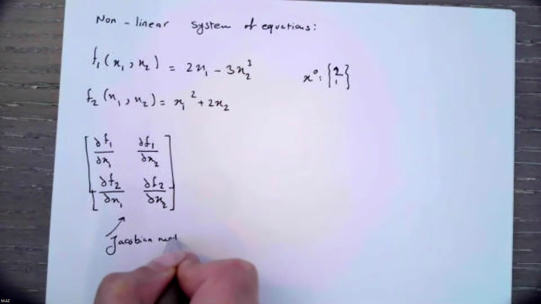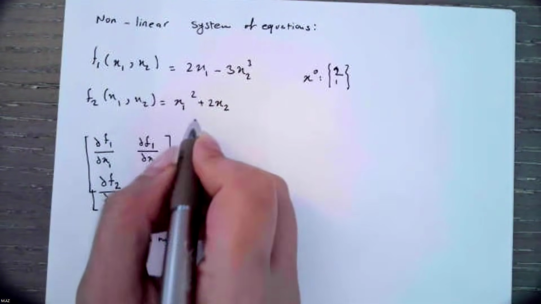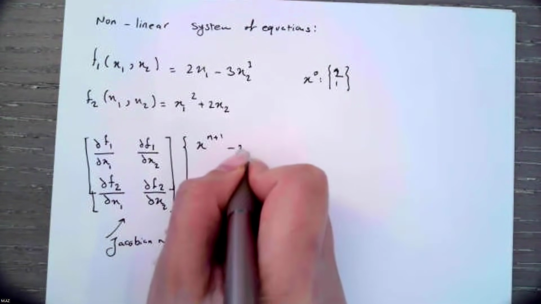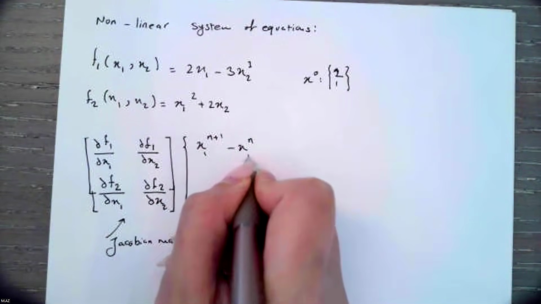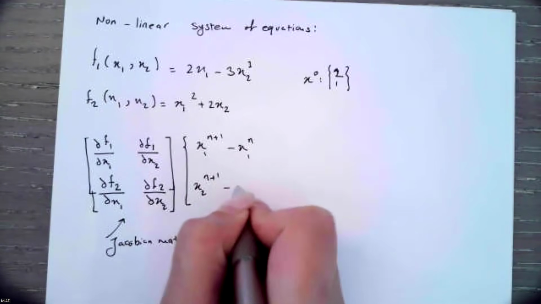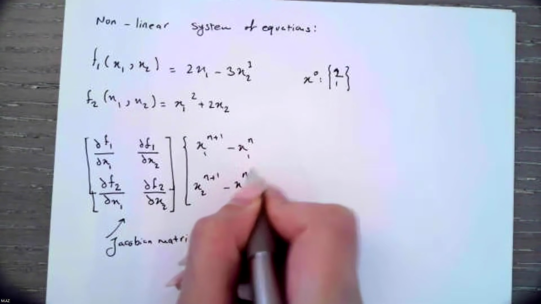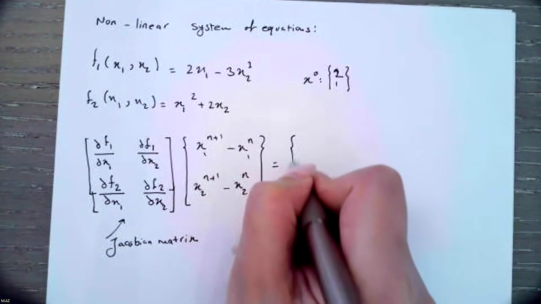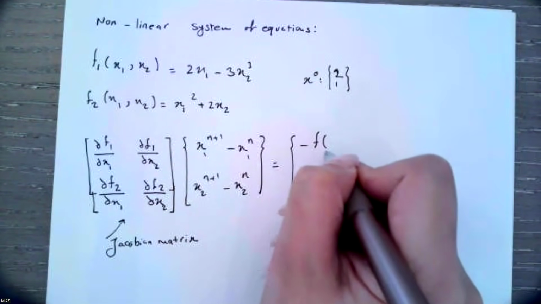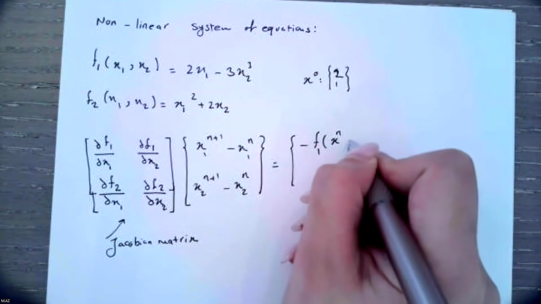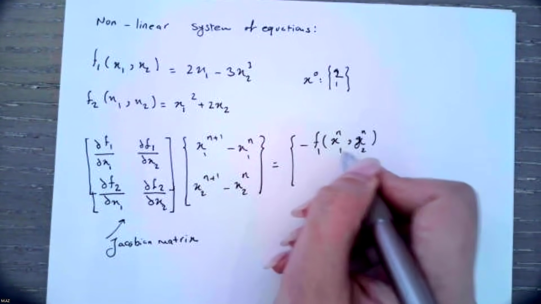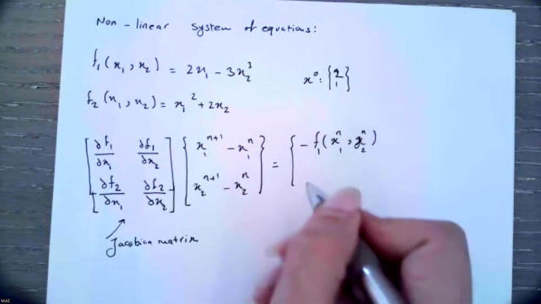This is called the Jacobian matrix. Then we have this vector, shown for two nonlinear equations, equal to the negative of the value of equation 1 at the vector x at the nth iteration.